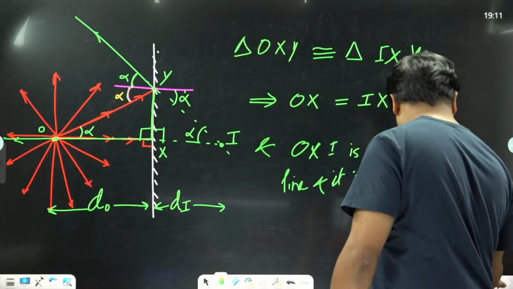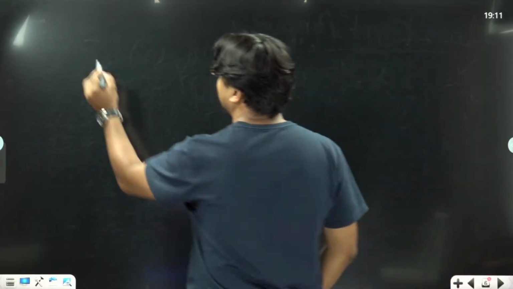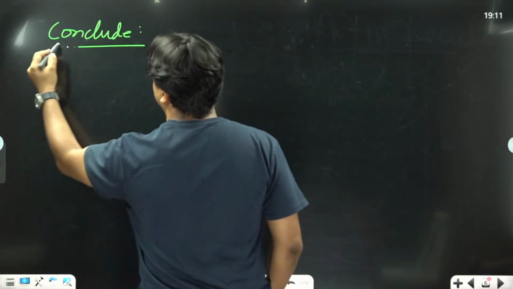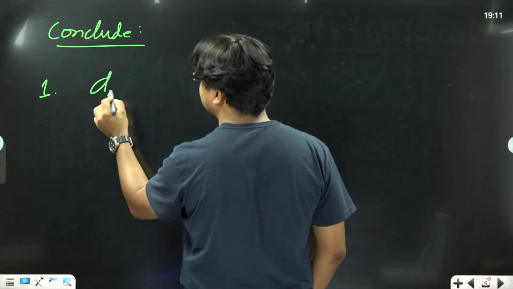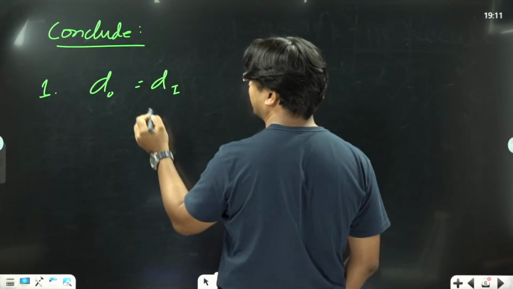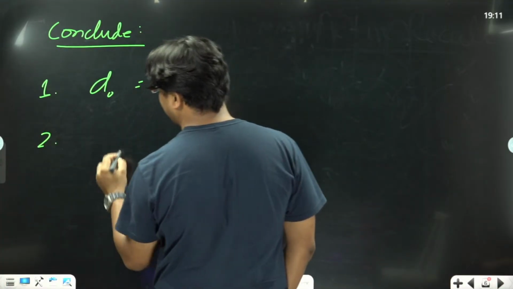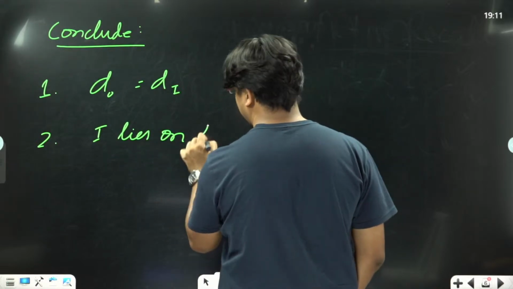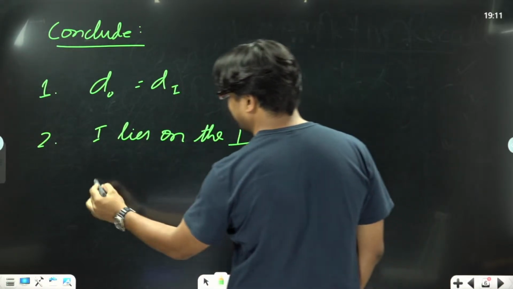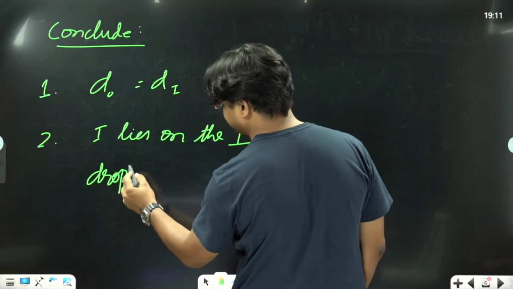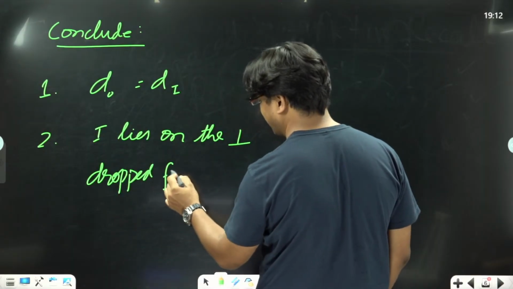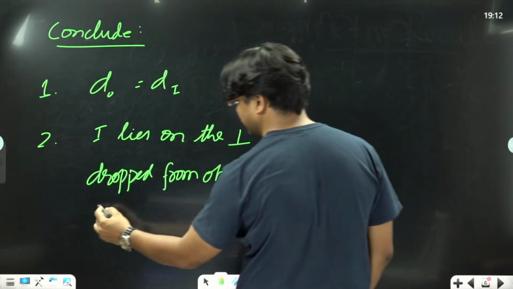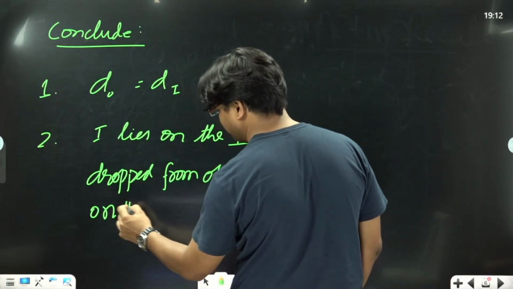So if I want to conclude, first, the object distance and the image distance from the mirror are the same. Second, the image lies on the perpendicular dropped from the object on the mirror.